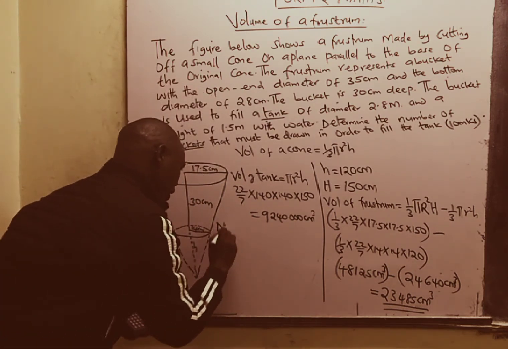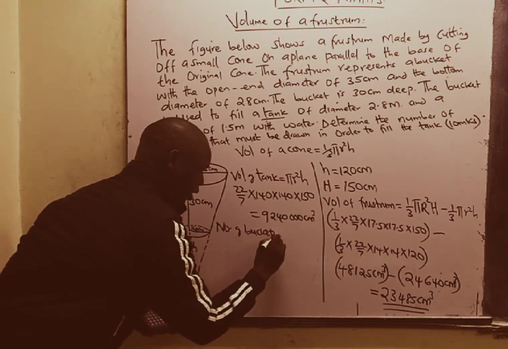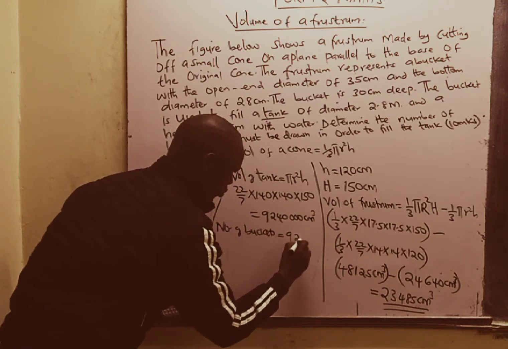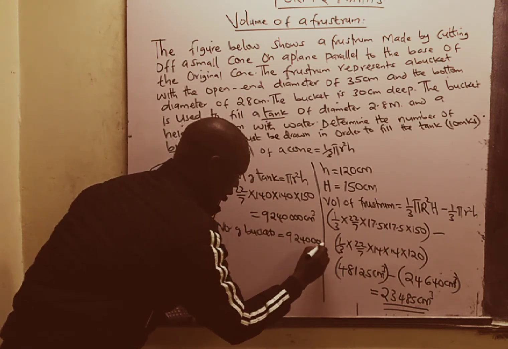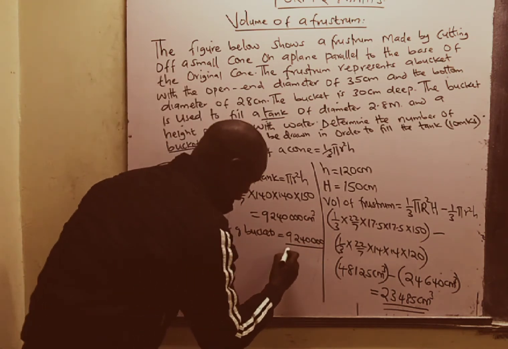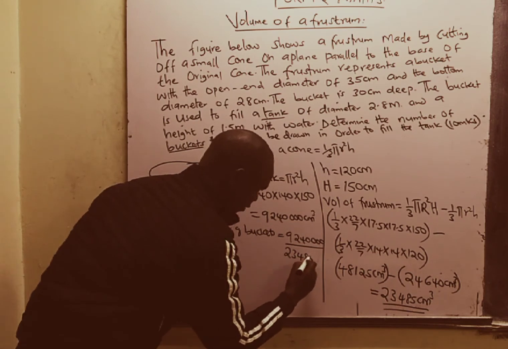So to get the number of buckets, we are going to take the volume of the tank, which is 9,240,000, and divide by the volume of the bucket, which is 23,485.